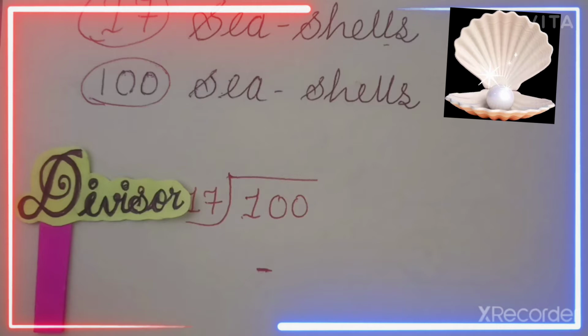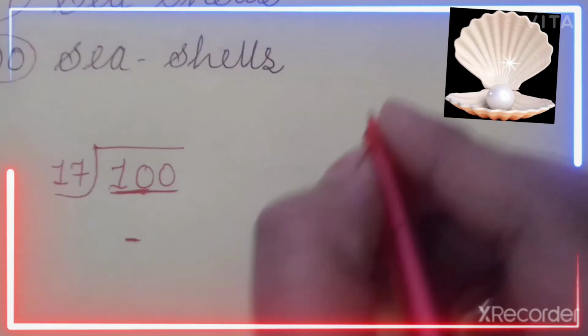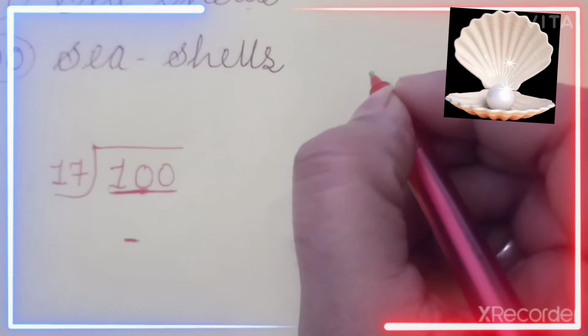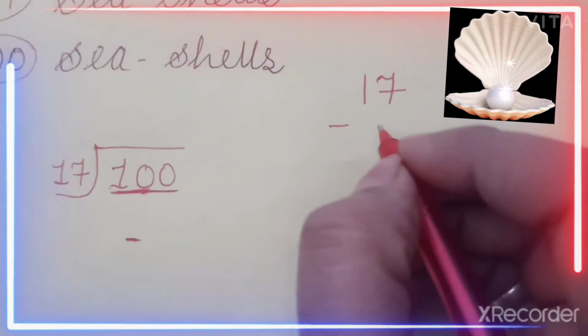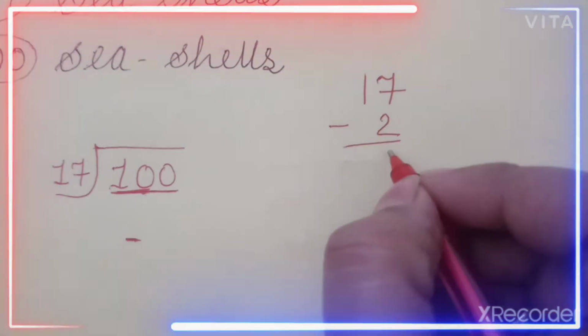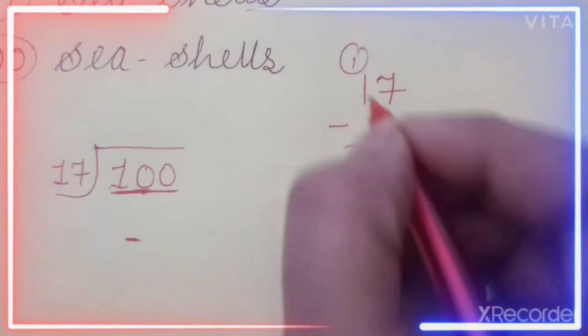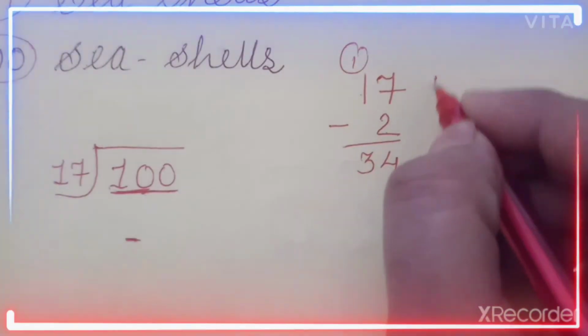So we have to take 3 digits. First of all, let's find the number which is near to 100 in the table of 17. 17 into 2, 7 into 2, it's 14, 1 carry over, 1 into 2, 2 plus 1, 3. So it's 34, not possible.